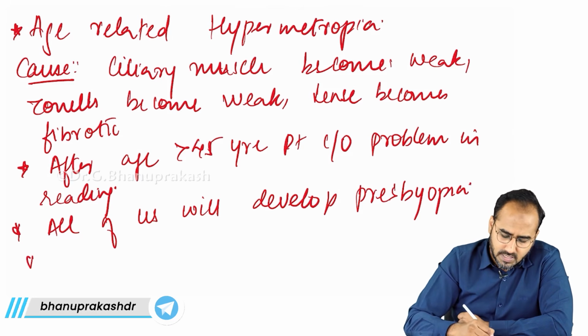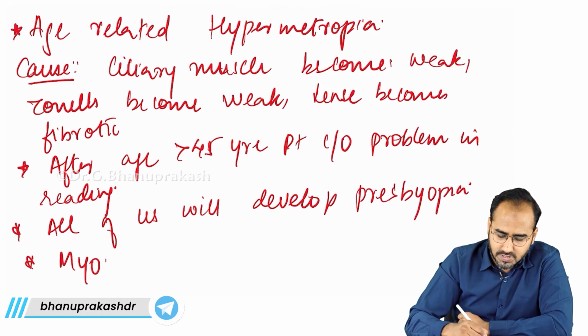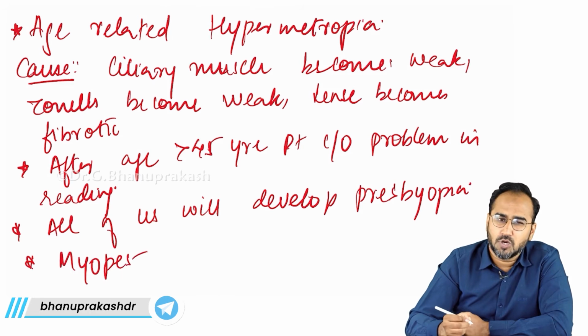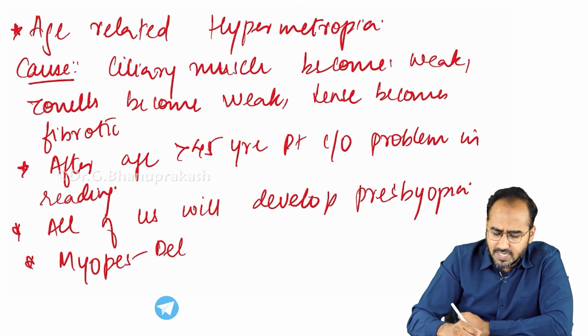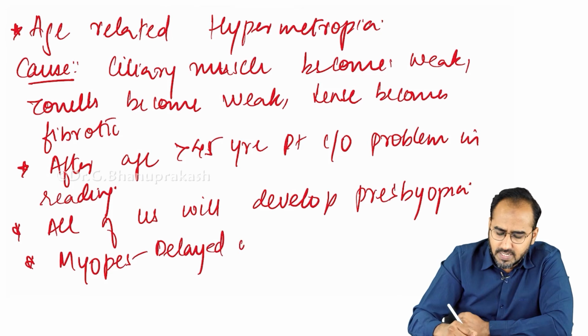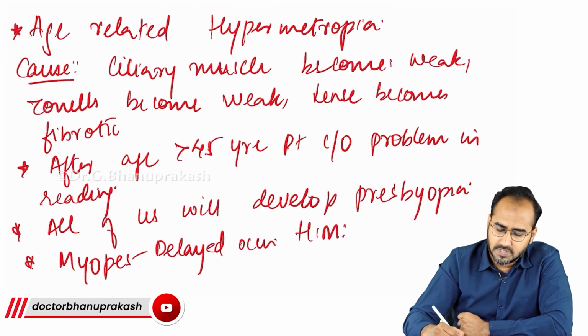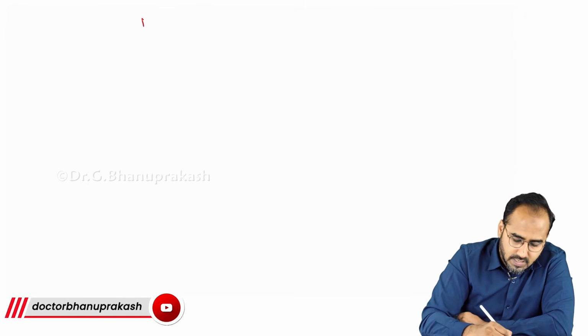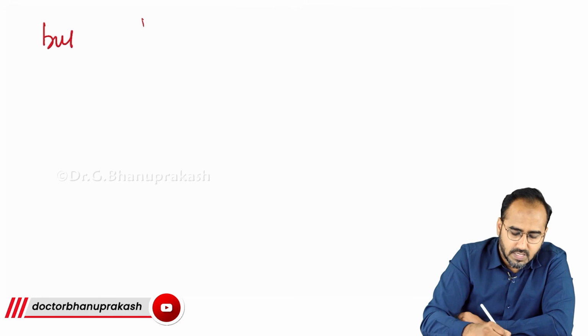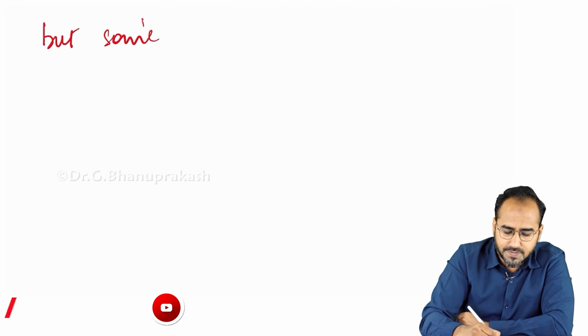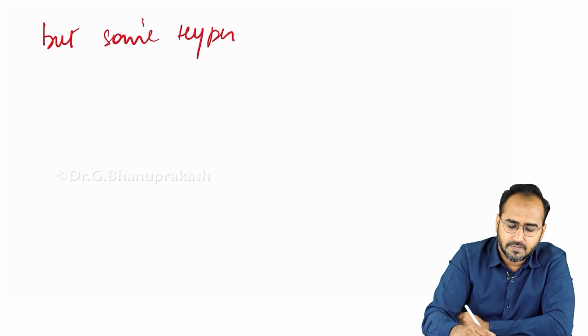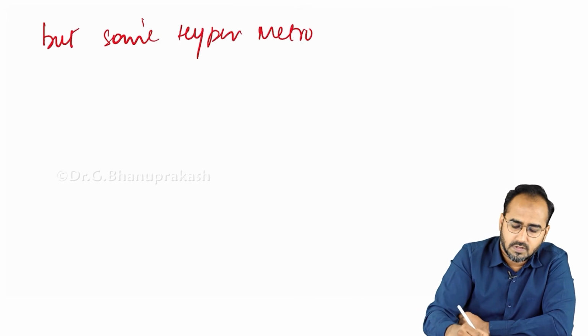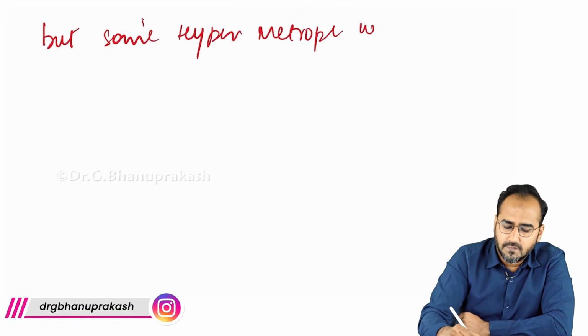The ones who are myopes, when will they develop presbyopia? They will have a delayed occurrence. Ones who are hypermetropes will develop presbyopia at 45 years. But some hypermetropes will have early occurrence of presbyopia.